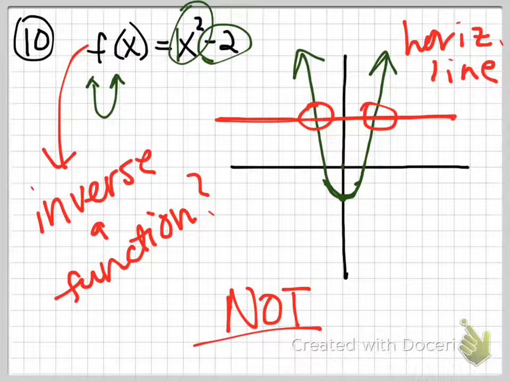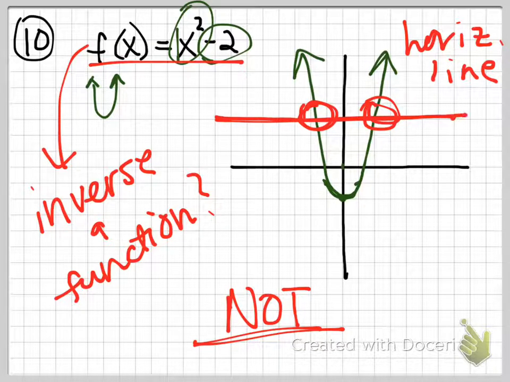If it only touched once, it would be a function, but since it touches twice, this is not a function. So what you're looking for is to graph whatever the f of x is, do the horizontal line, and if it touches more than one time, it's not a function. And if it only touches one time, then you just write yes, it is.